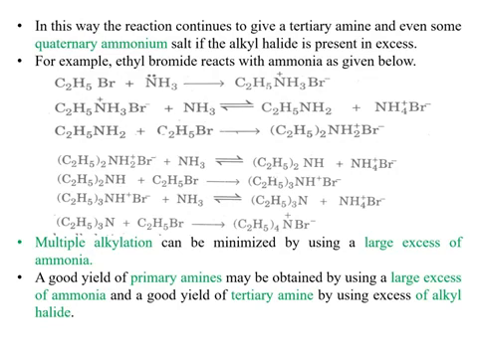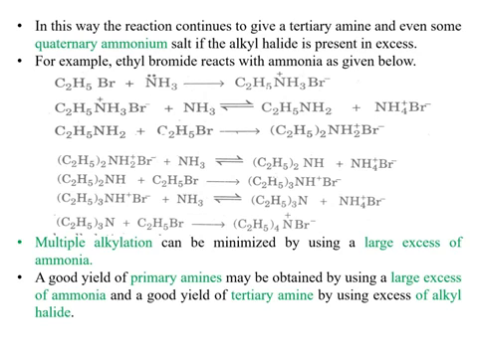Okay, now we are talking about equation number 5. In equation number 5, the reactant is diethylamine, which is going to react with alkyl halide. Now I am comparing reaction number 1 with reaction number 5. In reaction number 1, you can see one of the reactants is ethyl bromide and the second reactant is ammonia.